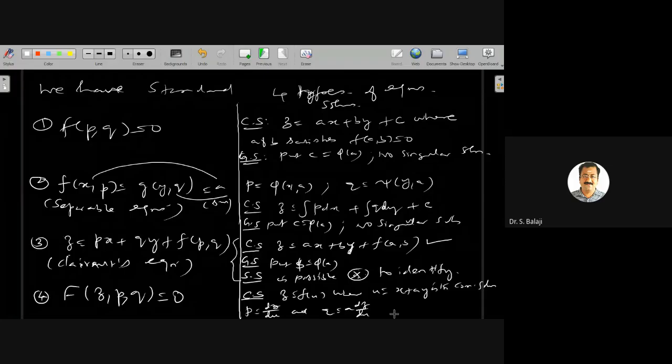It becomes an ODE, and then you solve it. Under this substitution, z is equal to f of u, u is equal to x plus ay. You can get this value of p as an ordinary derivative dz by du, and q as a dz by du, and we can solve that. These are the ideas we can get that way.